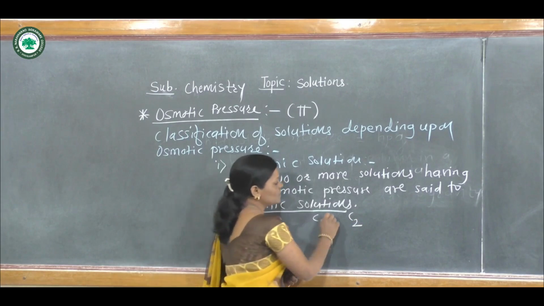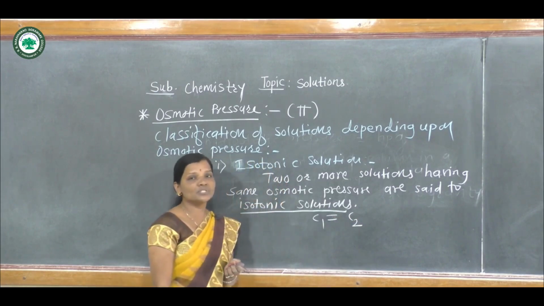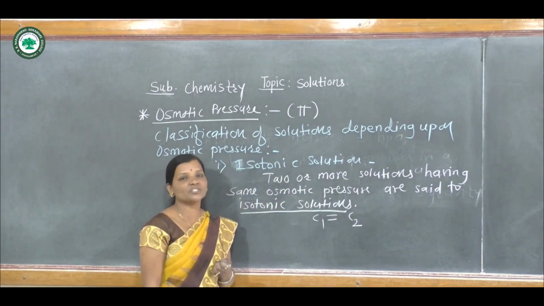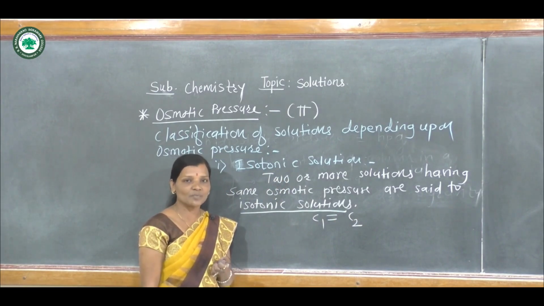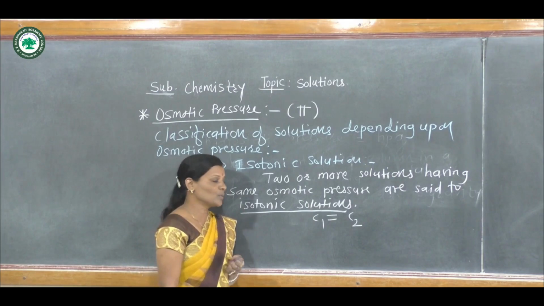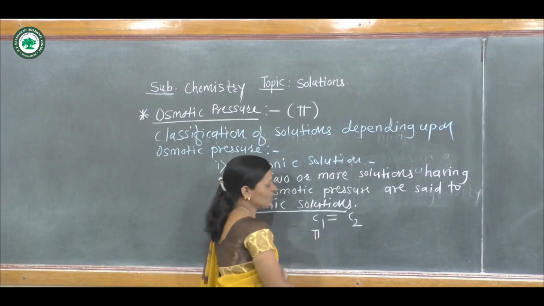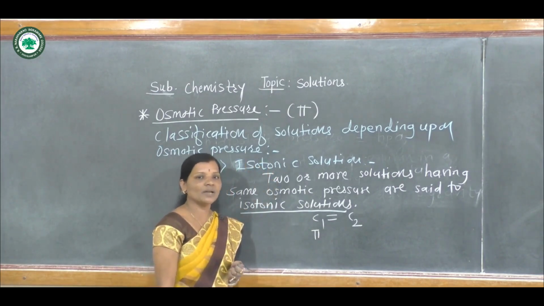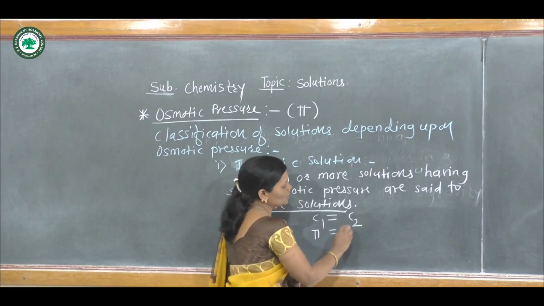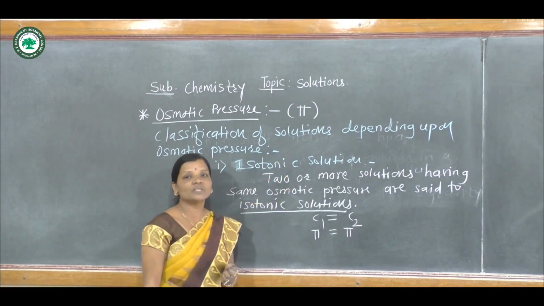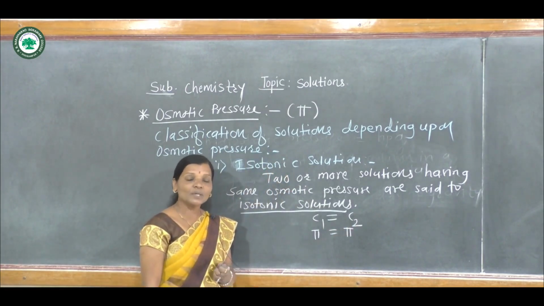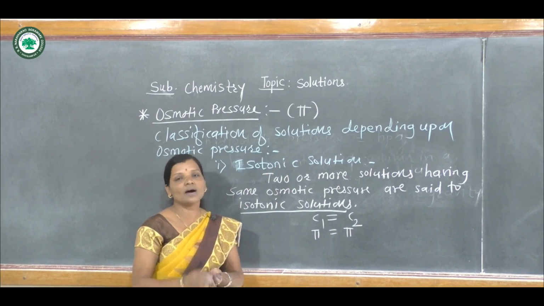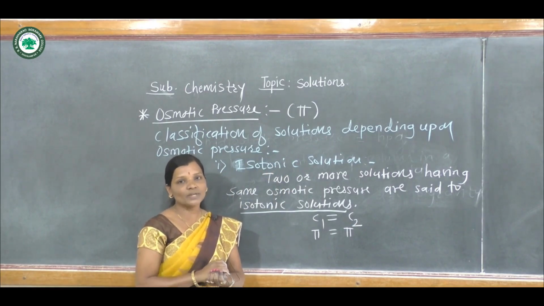When C1 becomes equal to C2, then the osmotic pressure of the first solution becomes equal to the osmotic pressure of the second solution. Then only the two solutions are said to be isotonic to each other.